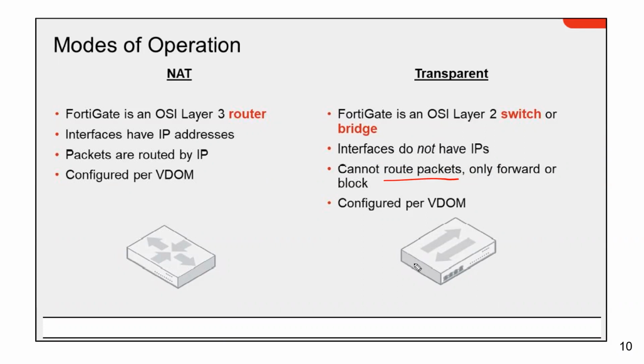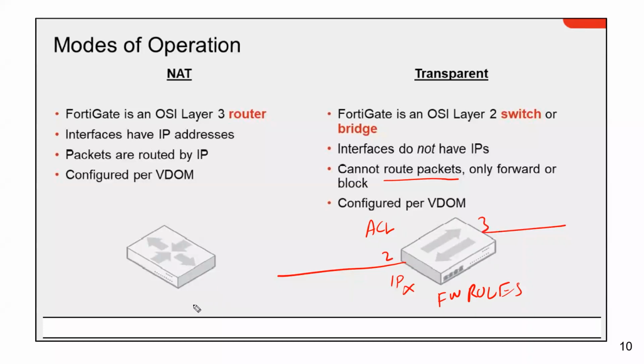Cannot route, only forward. See, in a way, let's say for example, this device is working as a layer 2. So you will not have any IP addresses, right? So the firewall rule that you configure will be based on interfaces. Let's say for example, this is interface 2 and this is interface 3.